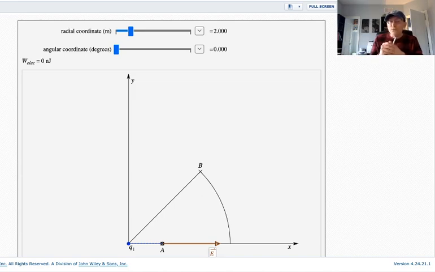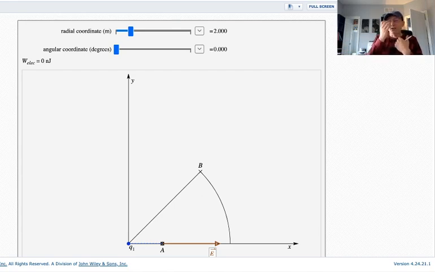That field is due to particle 1. That's the field that particle 2 is immersed in. And therefore the F electric of particle 2 is Q2 times that E. So the electric force on particle 2 is straight out on the x-axis right now.